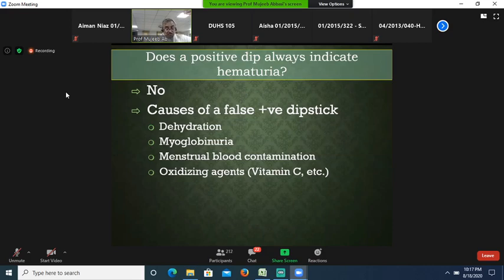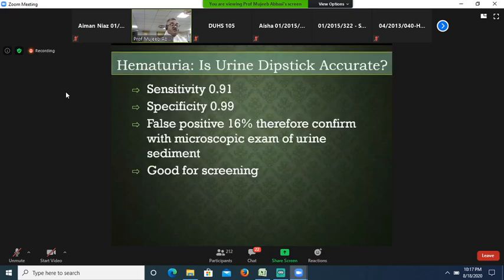So dipstick is helpful, but not to be chased around too much. For hematuria, urine dipstick sensitivity is 0.9, while its specificity is 0.99, false positive 16%. So good for a screening.